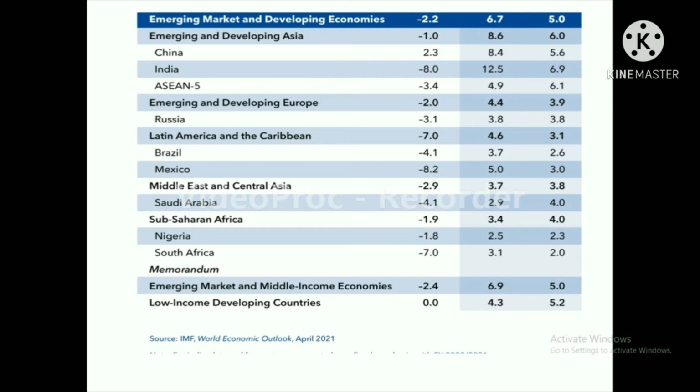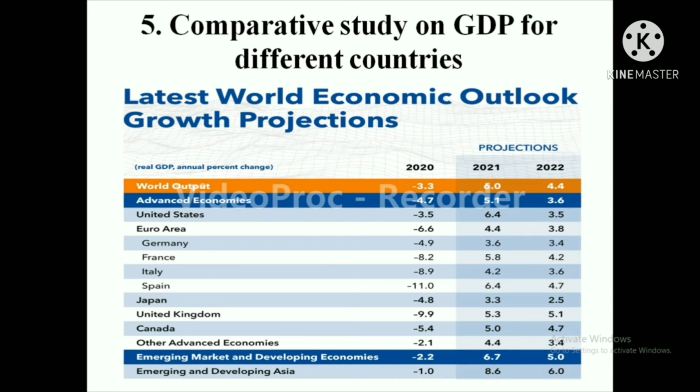For emerging market and developing economies, we are seeing a negative growth of minus 1% in 2020, then 8.6%, which is good, and then 6.0 projected for the coming year, 2022. So this is the best example of how time series can help us in the comparative study of GDP for different countries.